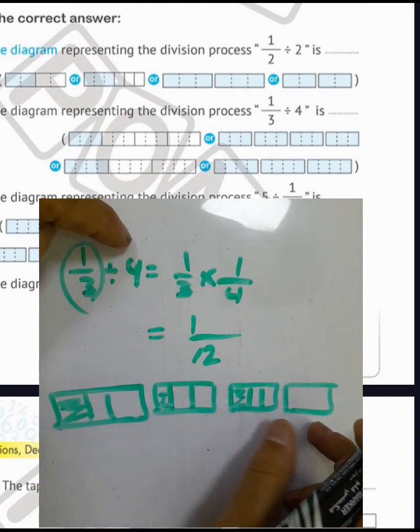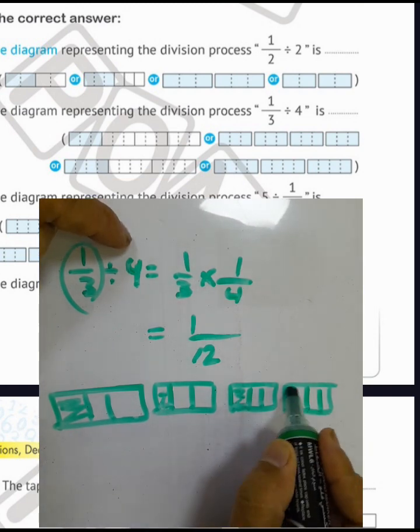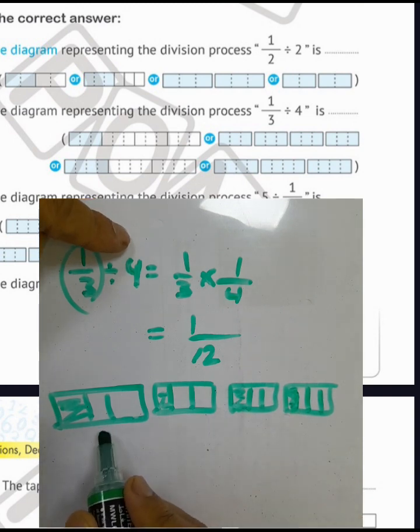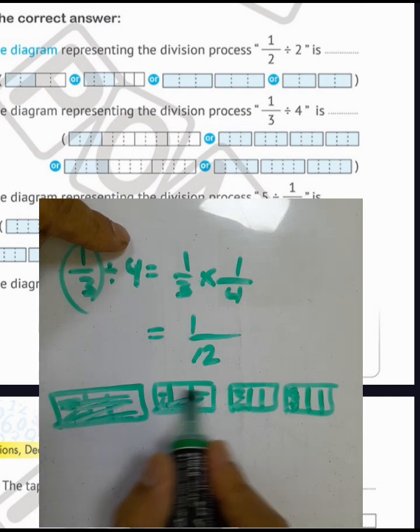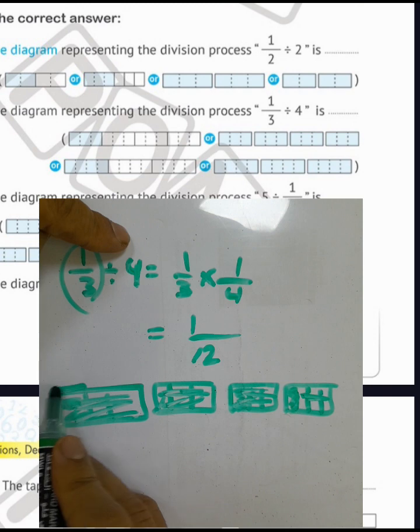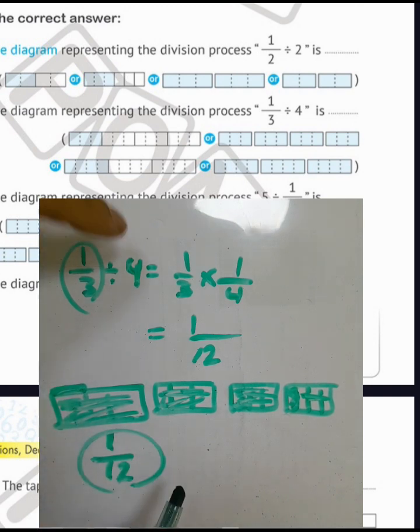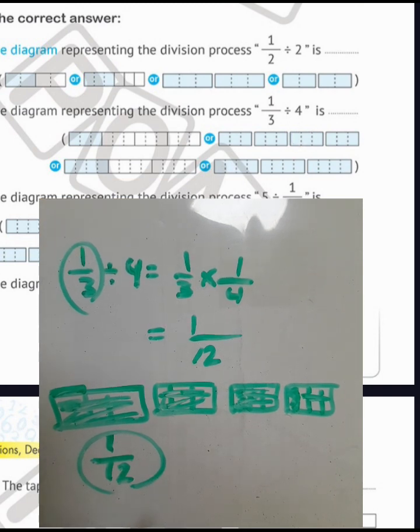Revert these models 4 times: 1, 2, 3, 4. Then we will choose what? How many parts here like this? We have the result will be 1 over 12. All colored here from the result, and each here the result will be 1 part. This 1 part from the total number. Then you must choose the second one.